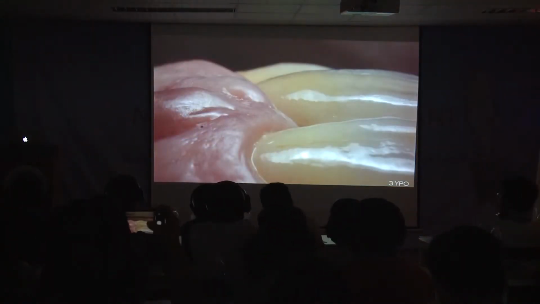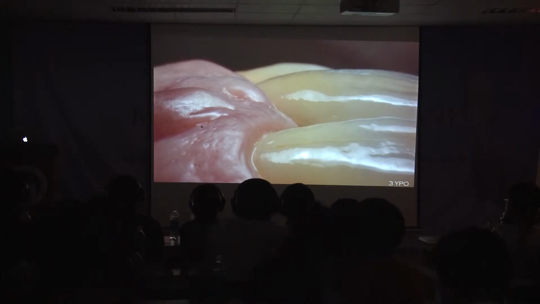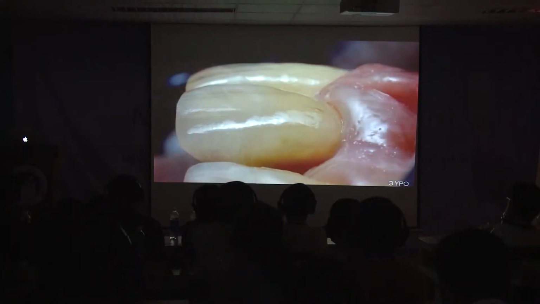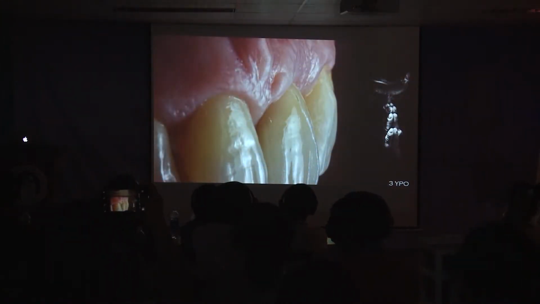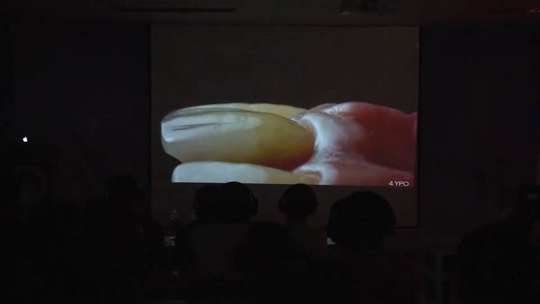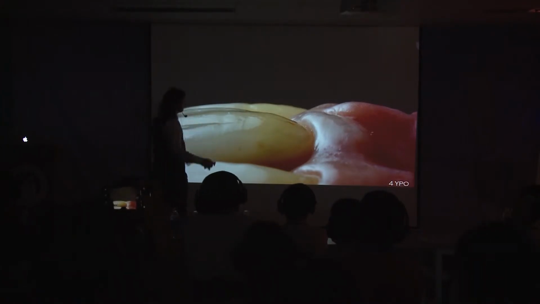So this is the theory and this is the actual result. Three years later, the volume is keeping very well. And again, 4 years later, it's even getting better because the surface becomes smooth.